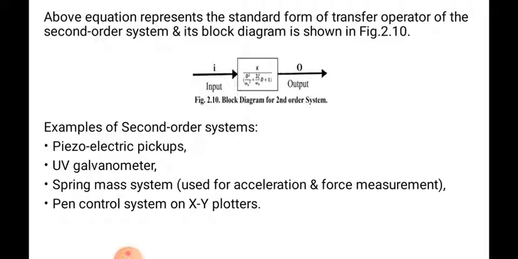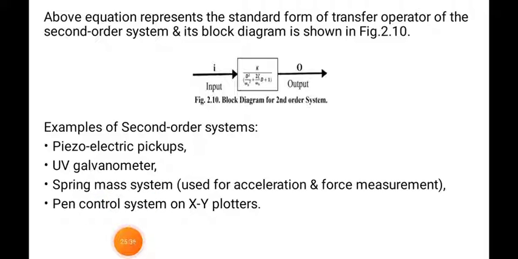The examples of the second order system are piezoelectric pickup, UV galvanometer, spring mass system used for acceleration and force measurement, then pen control system on an XY plotter. So these are the examples of second order system.